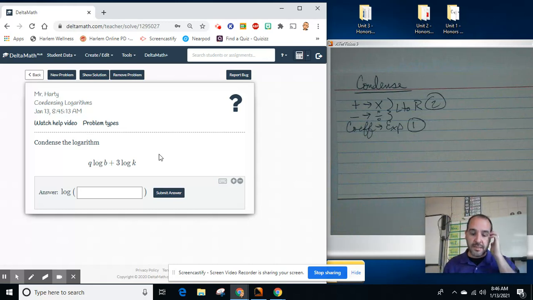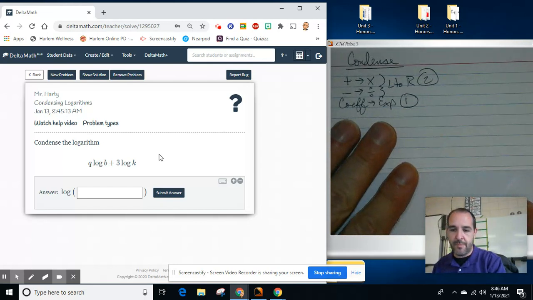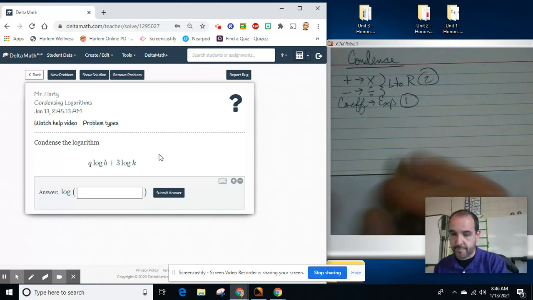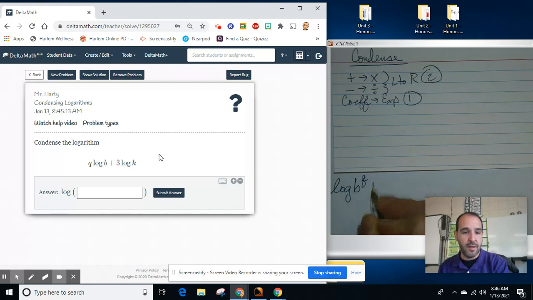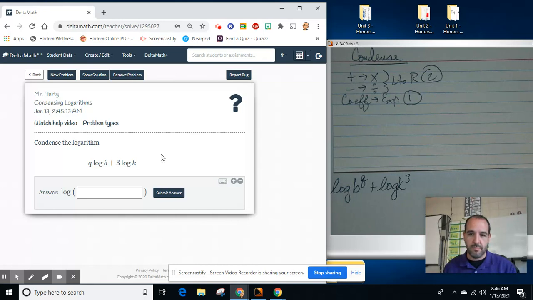So I look at this, and I go, okay, move this up a little bit so I've got room on my paper to work. So that q is going to turn into an exponent. This is going to look weird. And that 3 is going to turn into an exponent. So now what?